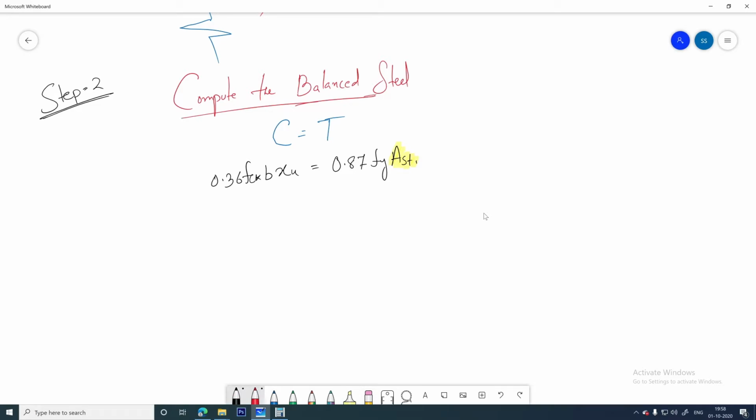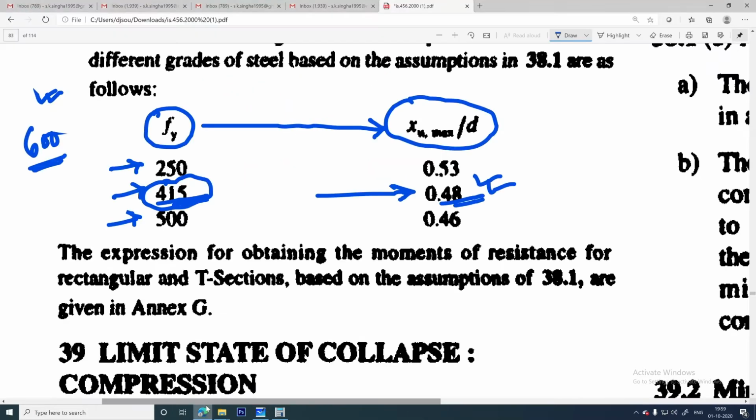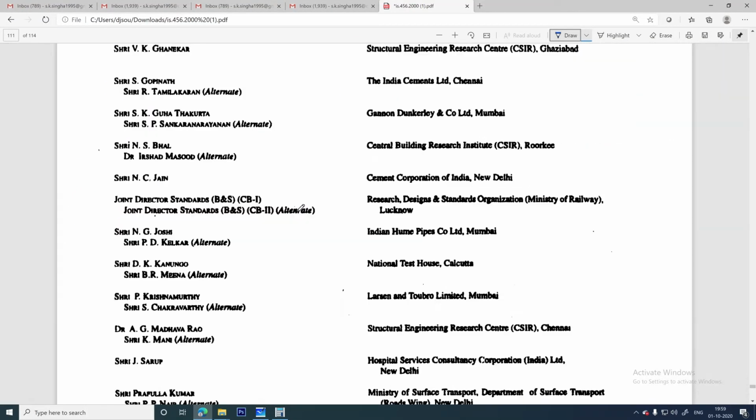Now one thing you can do, either you can directly determine the AST1 by putting all these values, that means the fck, the b, the xu and the fy here, and you can determine the AST1. Now if you are not able to remember this concept, that is total compression equals total tension, you can use the code. In the code everything is provided.